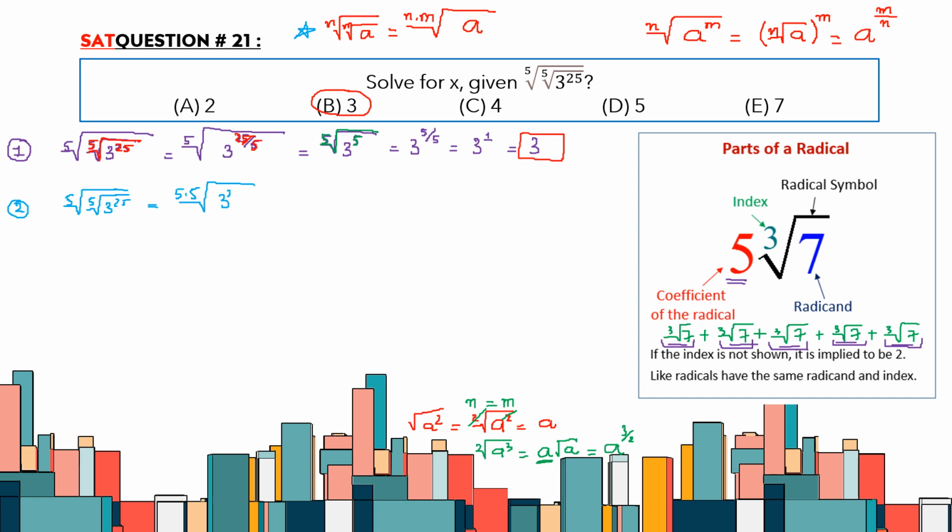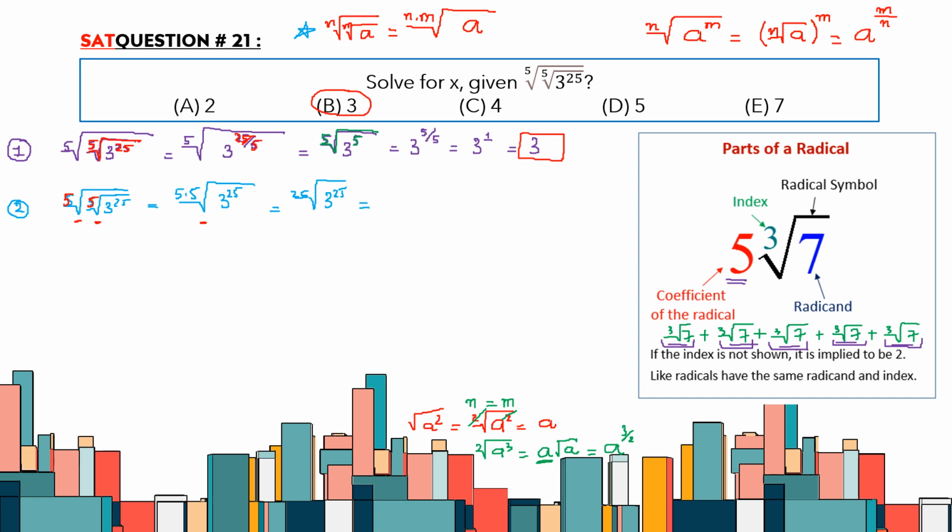The 5 is coming from this 5 and that 5. From 2 radicals, we combine into 1. Now this one will be 25th root of 3 to the power of 25.